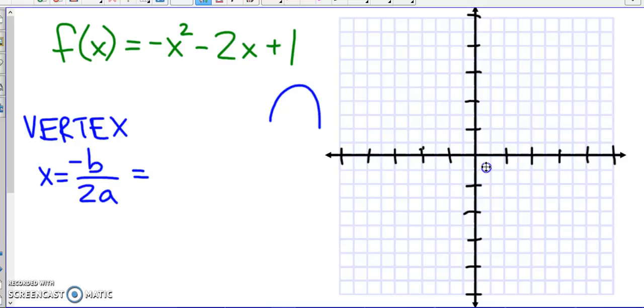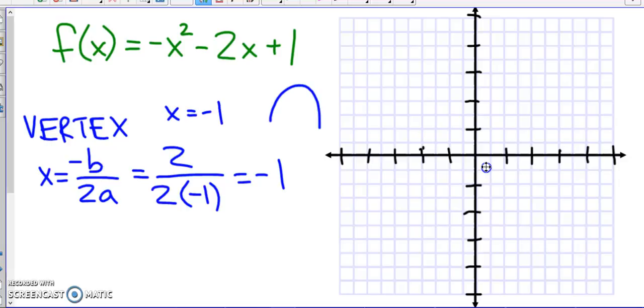Well, b would be negative 2. So negative b would be positive 2. And 2 times a, what's a? Negative 1. So this comes out to be negative 1. That's also x equals negative 1 as my axis.